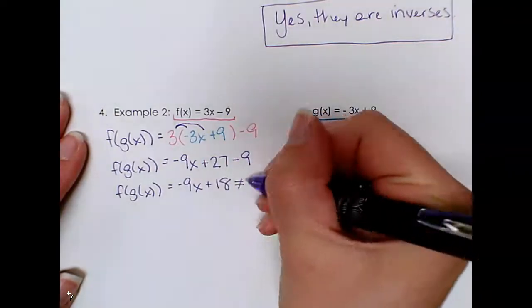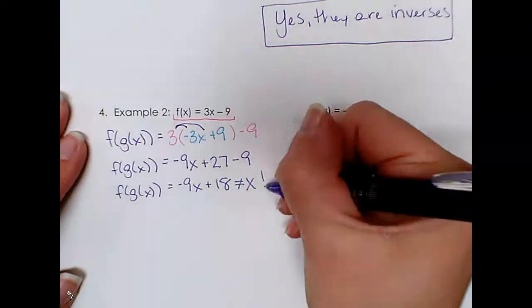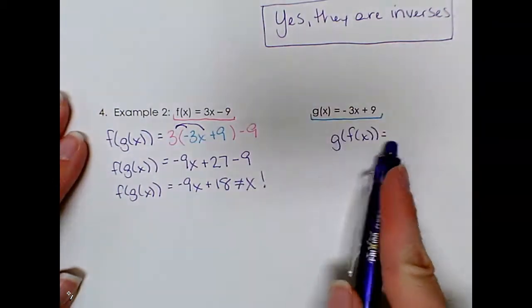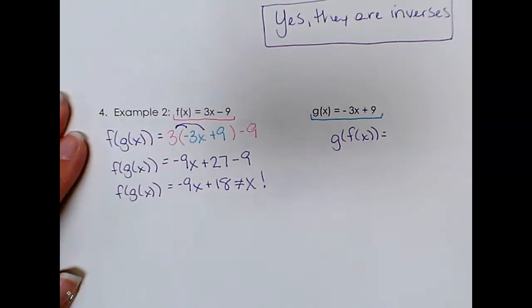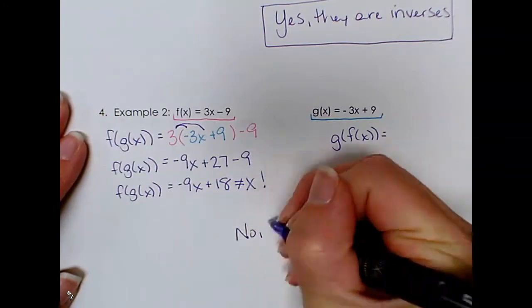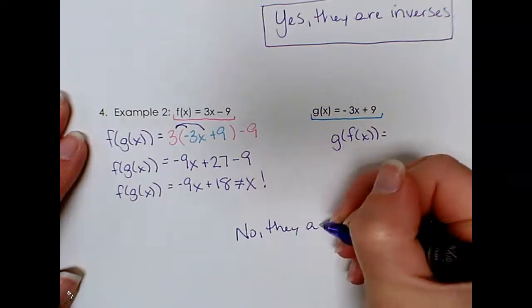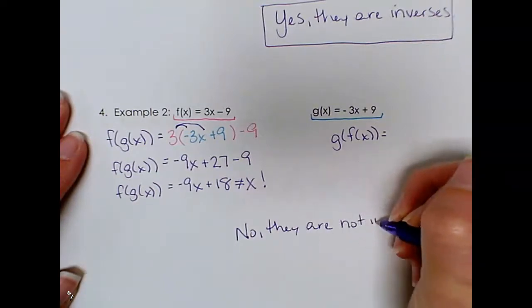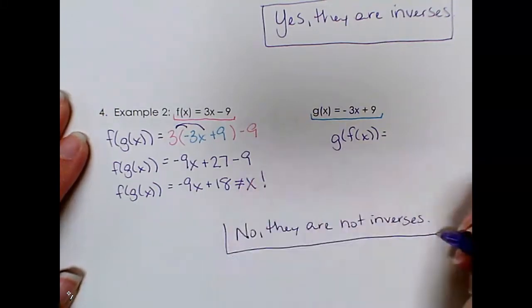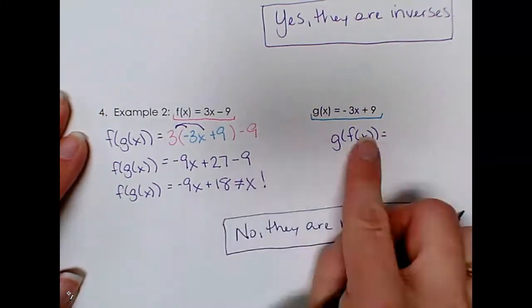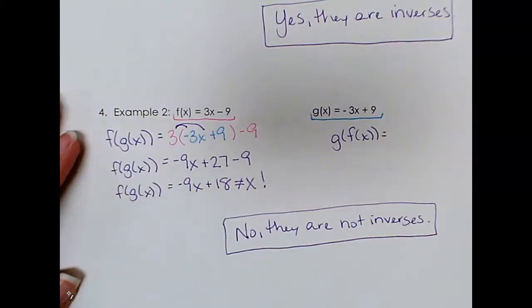This is not x. So that's a problem. Even if g of f of x is equal to x, this is not. And so I have to claim that no, they are not inverses. Because g of f of x, well, maybe g of f of x, but f of g of x is definitely not equal to x.